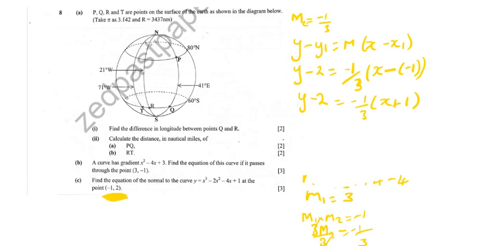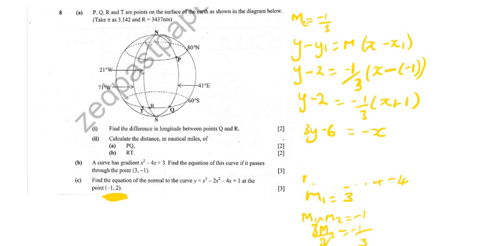So here you can just do the shortcut. The denominator multiplies with everything on this side, and then the numerator multiplies with everything on this side. So you're just going to say 3 multiplied by y will be 3y. 3 multiplied by negative 2 is negative 6, which is equal to negative 1 multiplied by x, which is negative x.